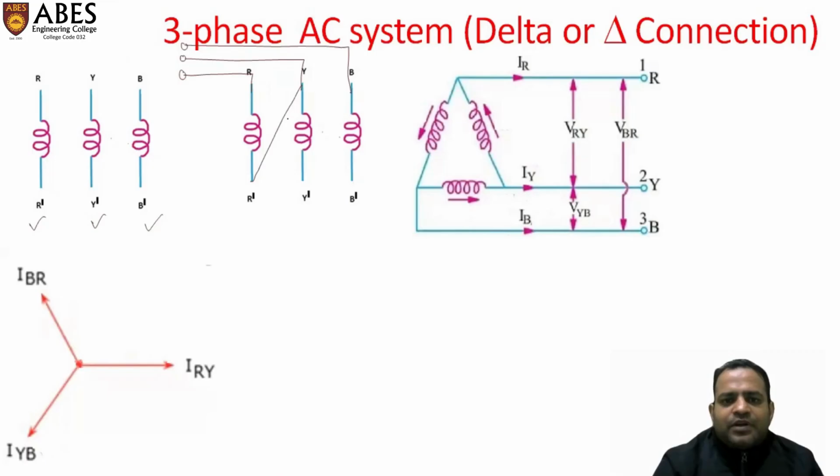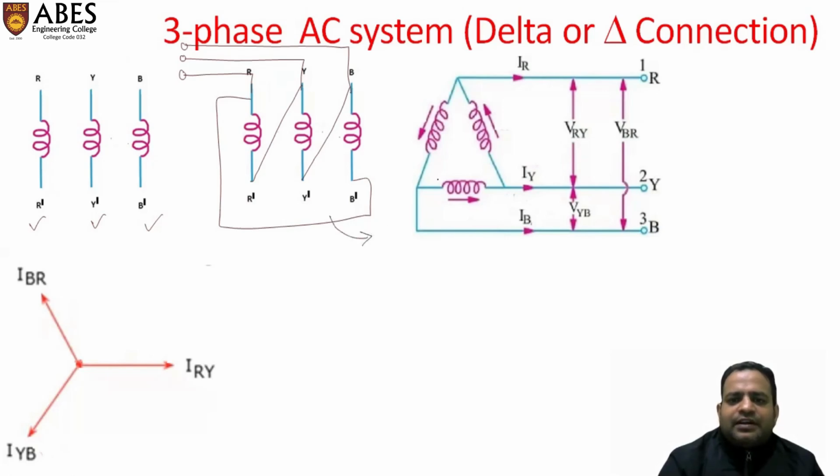R dash point is connected to Y, Y dash is connected to B, and B dash point is connected to R. Such a type of connection is called delta connection, as shown in figure 1.